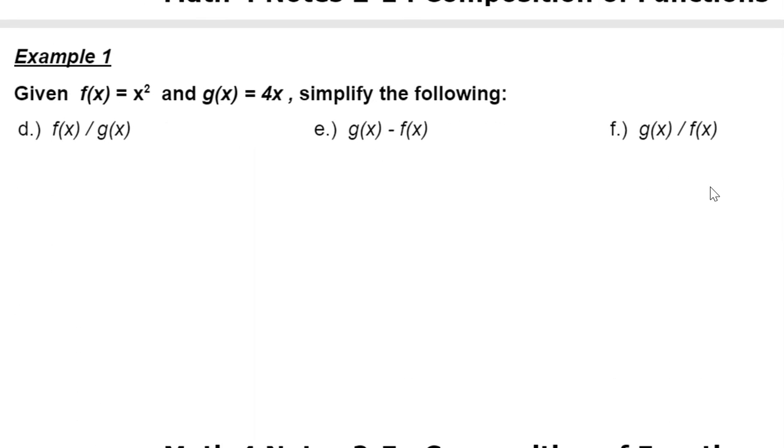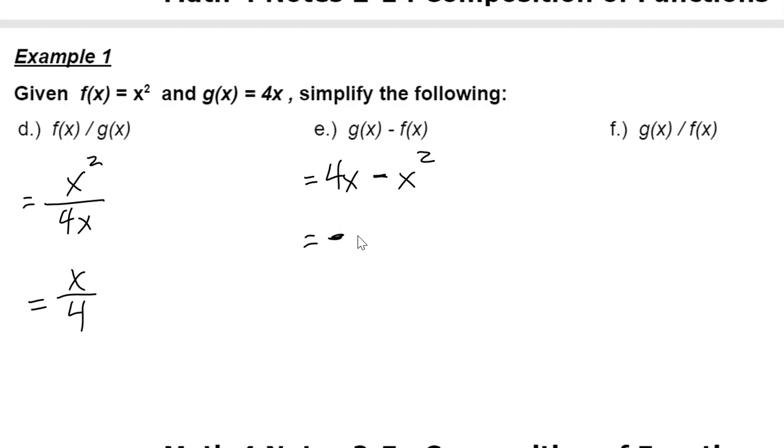All right, the next set, we're doing more dividing and subtracting. This time we're going to have f of x on top, g of x on the bottom. Now there is an x in common. There's an x in both of them that can cancel out and leave us with that. Now in this case, we're doing that minus that, which I am okay with.